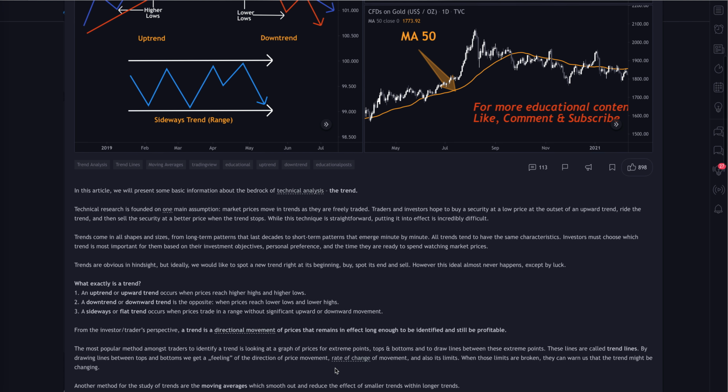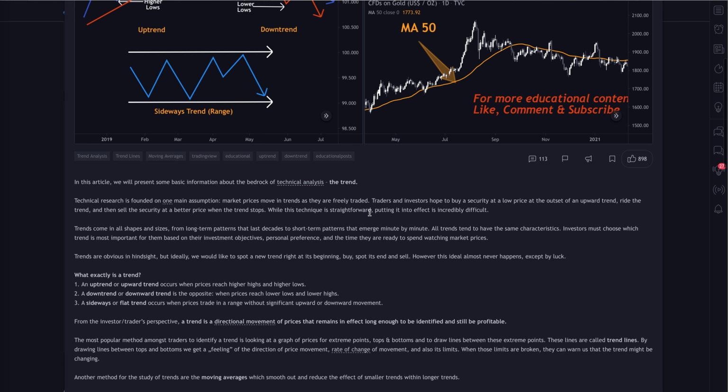So it says technical research is founded on one main assumption: market prices move in trends as they are freely traded. Traders and investors hope to buy a security at a low price at the outset of an upward trend, ride the trend, and then sell the security at a better price when the trend stops.